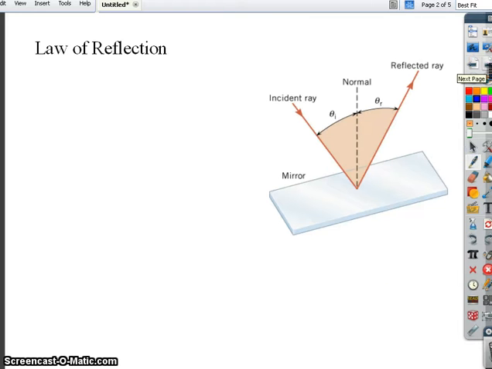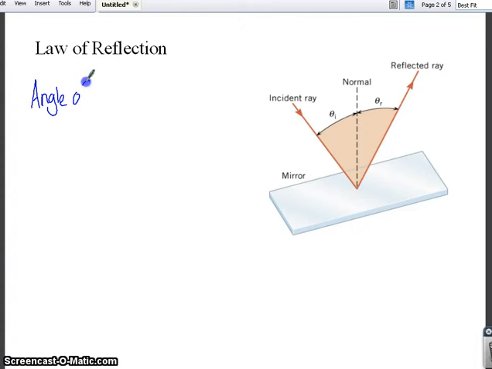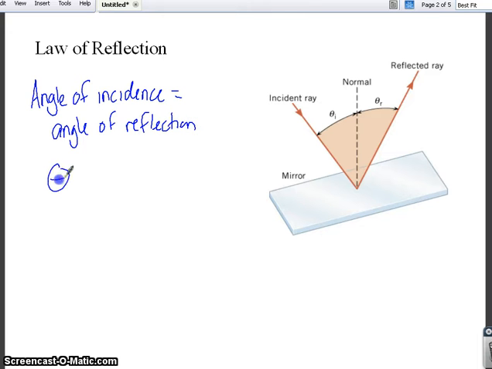So, the law of reflection. The law of reflection basically says that the angle of incidence equals the angle of reflection. And what does that mean? The incident ray is the incoming ray, the incoming light ray.